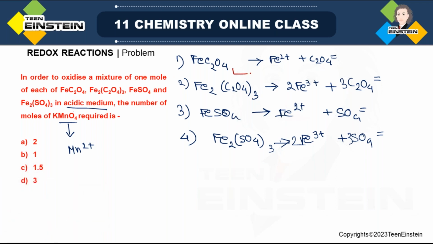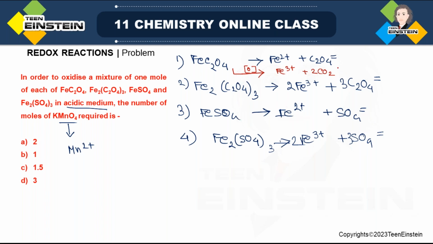So in presence of KMnO4, I am simply writing oxidation. Here Fe2 plus will be converted to Fe3 plus, and C2O4 will be converted to CO2. This should be the fate after reaction, to CO2 basically.